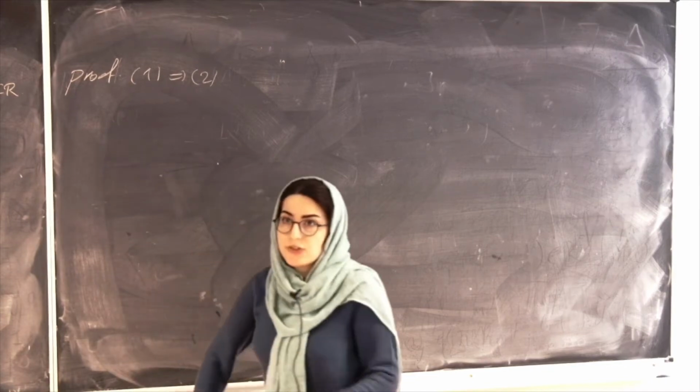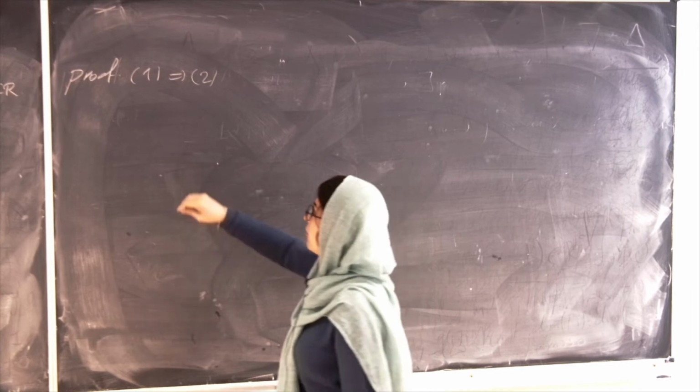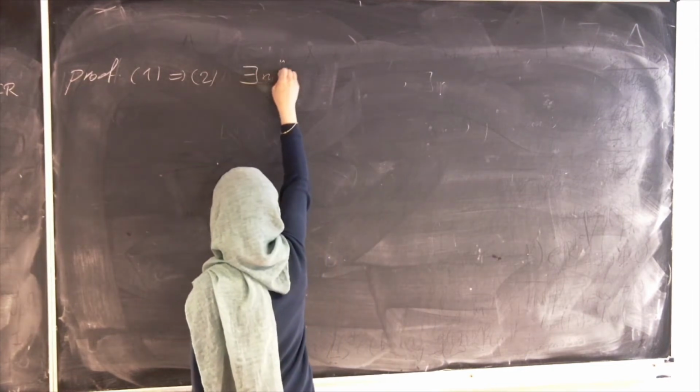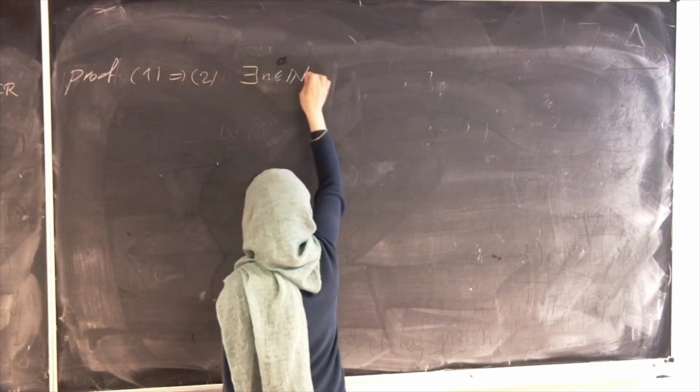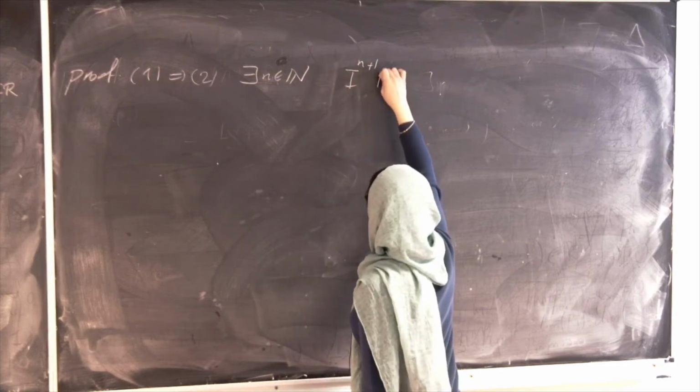Okay, suppose that J is a reduction ideal of I, which by definition means that for some positive integer n, I will have this equality.